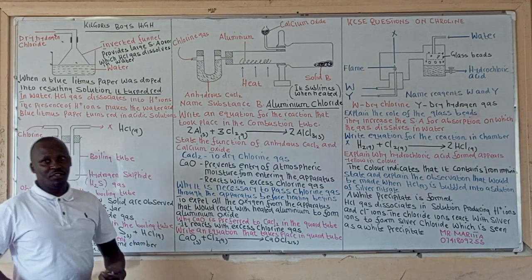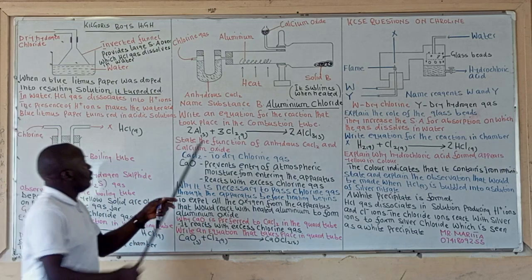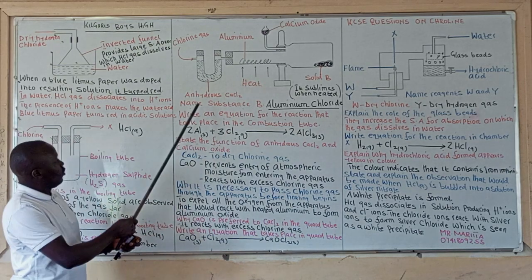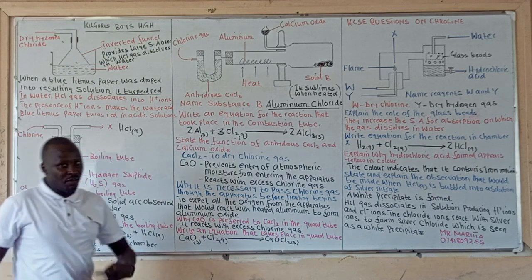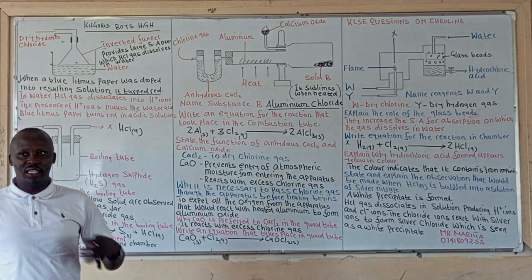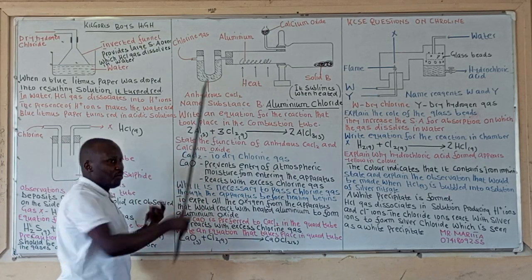State the function of the anhydrous calcium chloride and calcium oxide. So we have calcium oxide here, and then we have anhydrous calcium chloride. The purpose of anhydrous calcium chloride here is just to dry chlorine gas. Then we have calcium oxide.